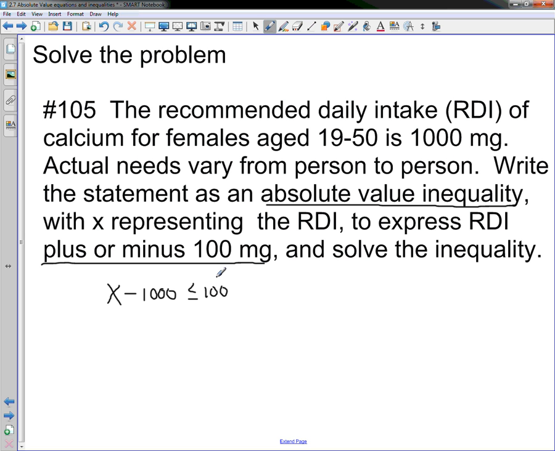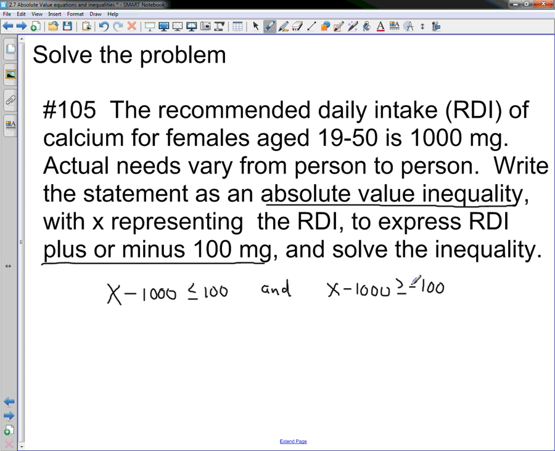That would fall under the plus 100. And the other one is when I subtract these, I want it to be greater than or equal to -100. That's the minus 100. So we want our value to be plus or minus 100, somewhere in that region.